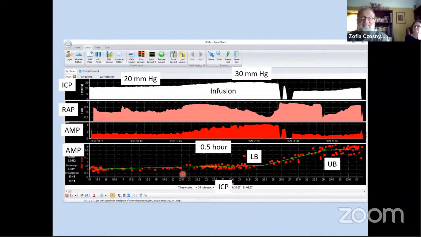When we plotted the relationship between pulse amplitude and mean intracranial pressure, we saw two breakpoints, a lower breakpoint and an upper breakpoint of the pulse amplitude relationship on mean intracranial pressure.